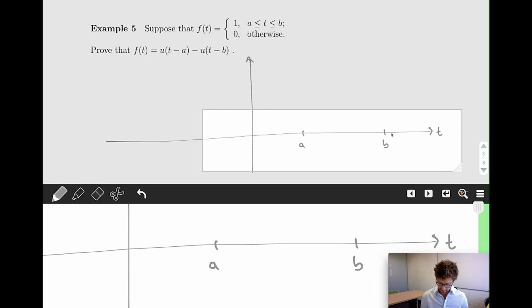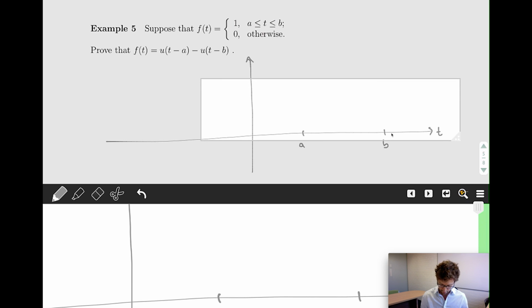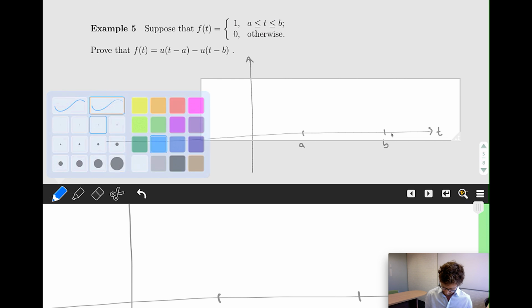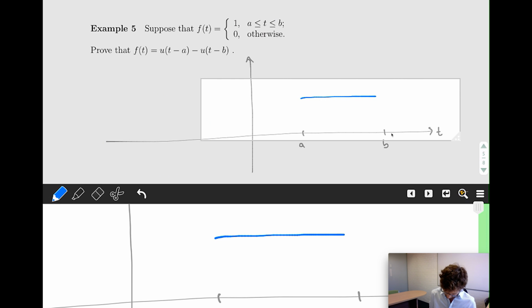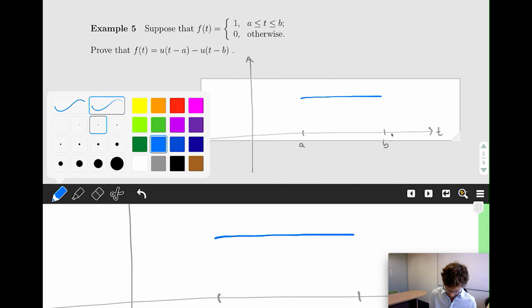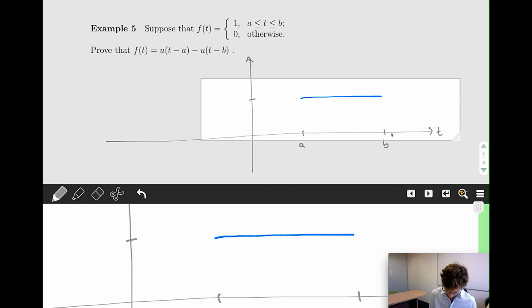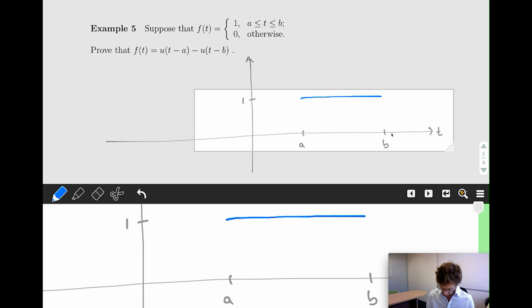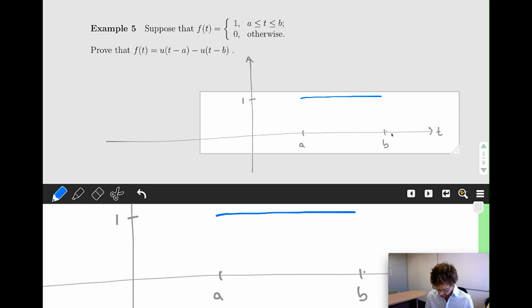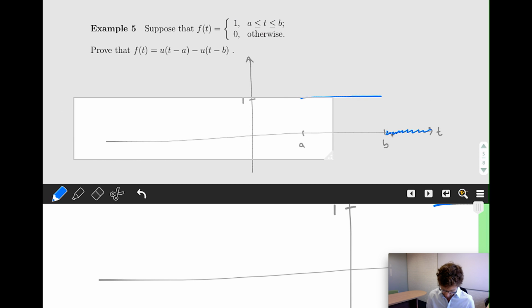We know that this function takes the value 1 between a and b. And it's equal to 0 outside of that. So we'll indicate that with squiggly lines, just so we can see it above the axis.